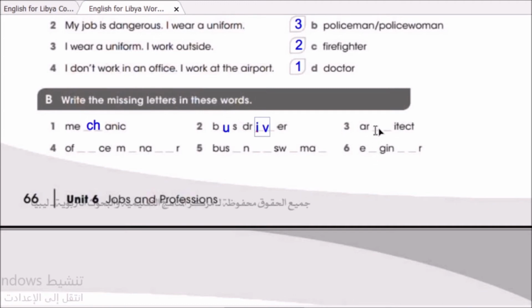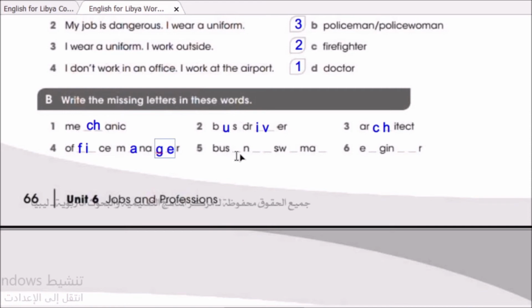Number 3, what's missing? Very good. We have C and H. So architect. Architect. Number 4, we have, very good, office manager. So we have an A here and G, E, and we have the R. Good. So office manager. Number 5, boss. It's not bus.